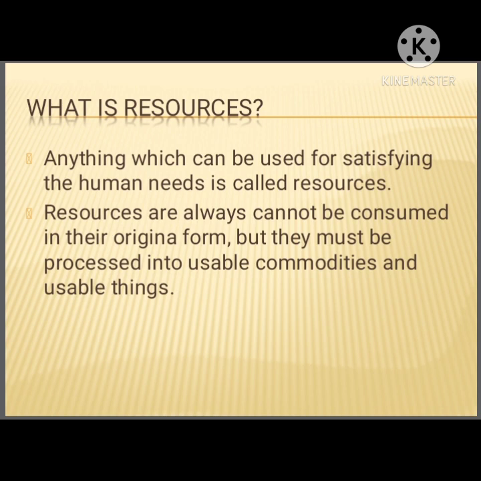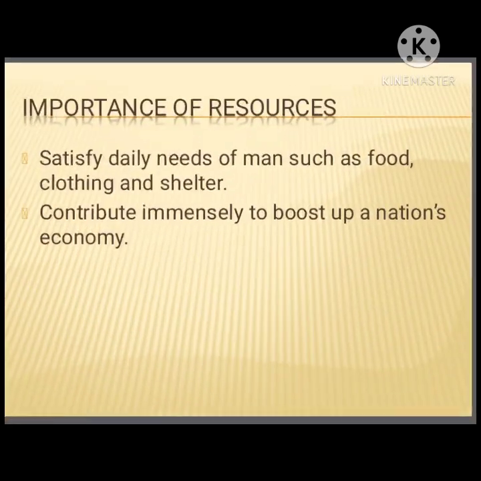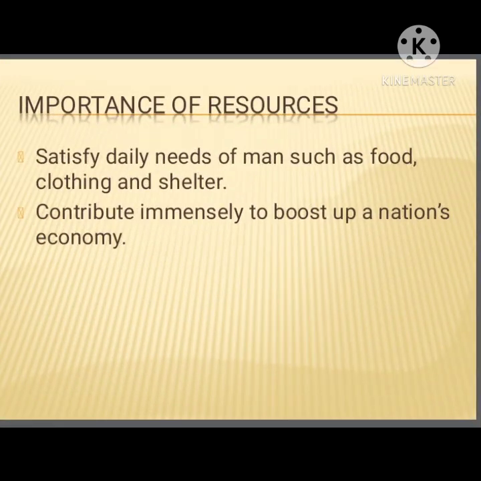The crude oil we cannot use directly in your vehicle. We need to do some process to get the petroleum and diesel, isn't it? So, resources cannot always be consumed in their original form, but they must be processed into usable commodities and usable things.